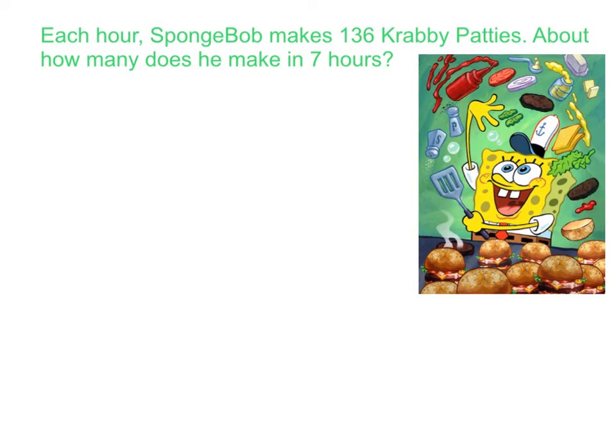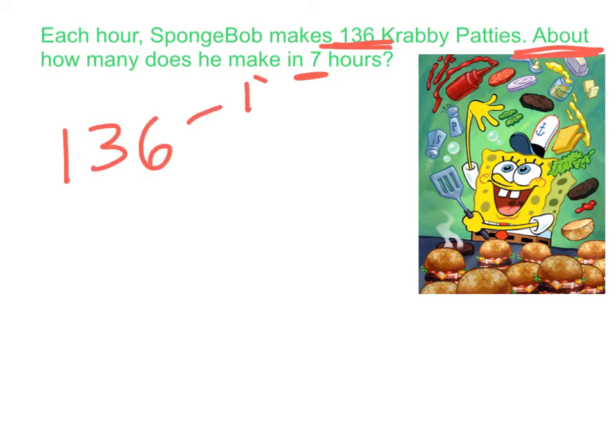It says each hour SpongeBob makes 136 Krabby Patties. About how many does he make in 7 hours? So go ahead and solve this. Okay, so if we're going through, we see 136 is going to be important, 7 is going to be important, about is going to be important. So we have 136. Now that could become 135, because that's pretty close and easy to work with, or it could be 140.